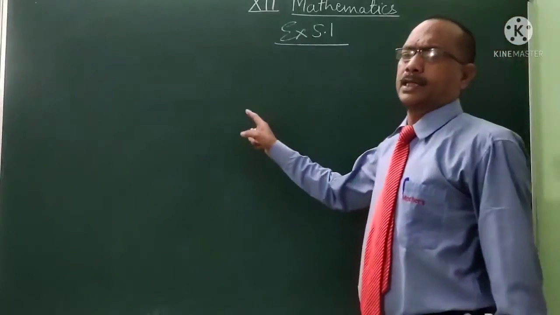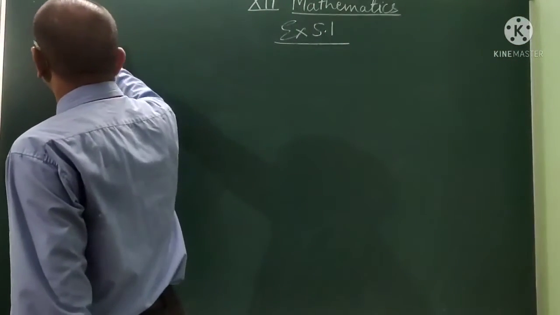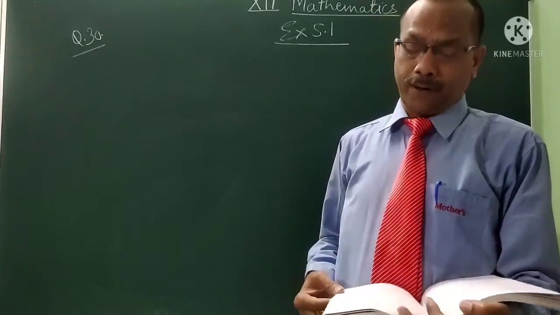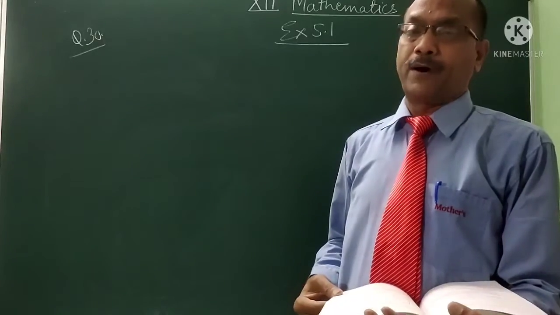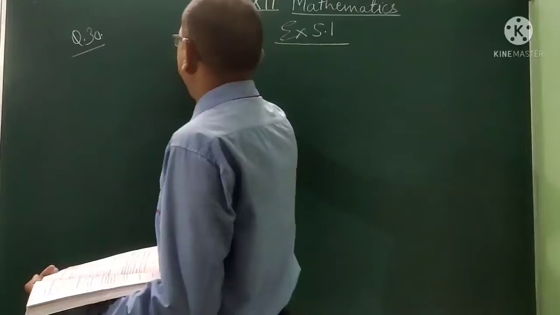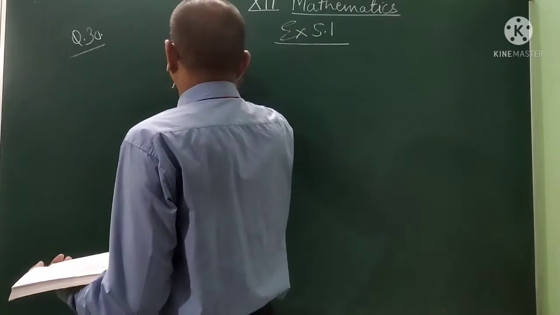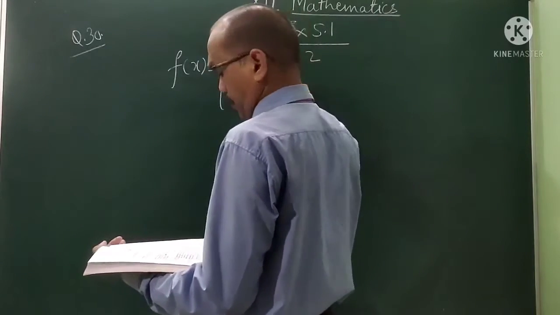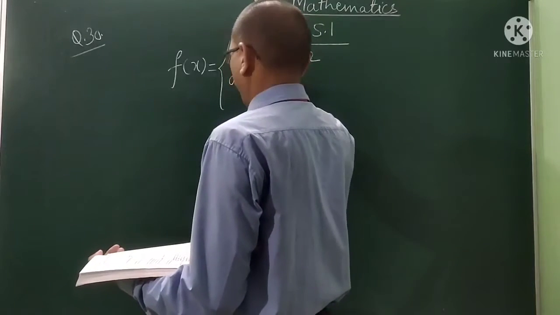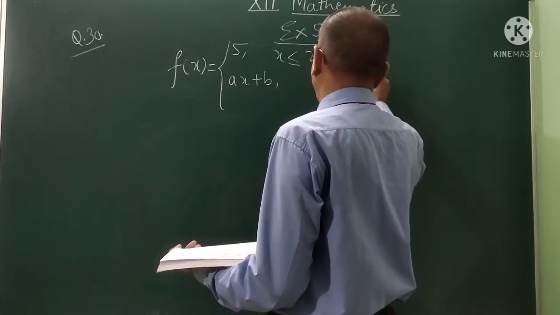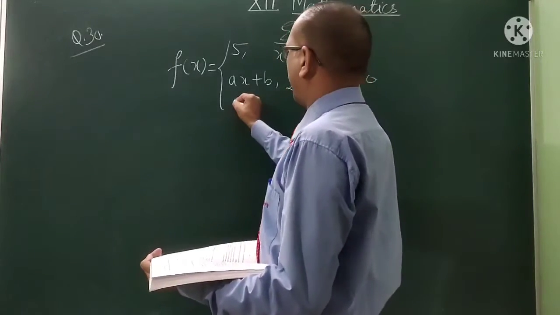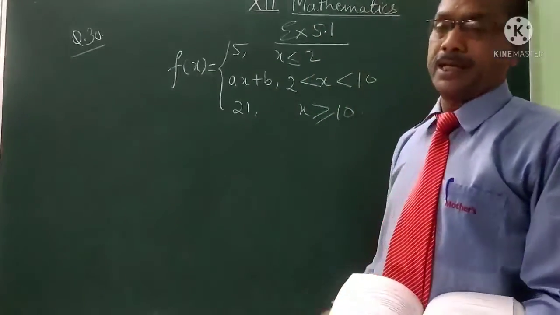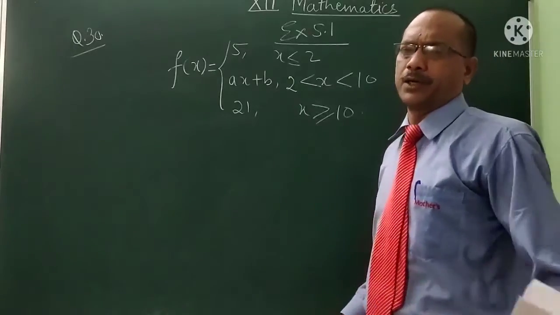Student, now next is question number 30. Question is, find the values of a and b such that the function defined by f(x) equals 5 when x is less than or equal to 2, ax plus b when x is greater than 2 and less than 10, and 21 when x is greater than or equal to 10, is continuous.